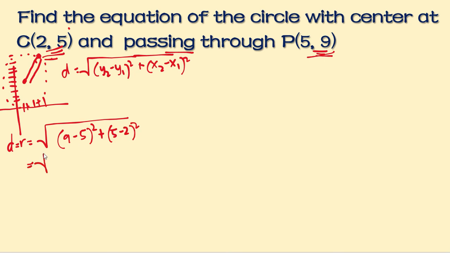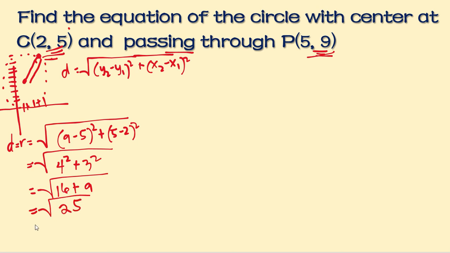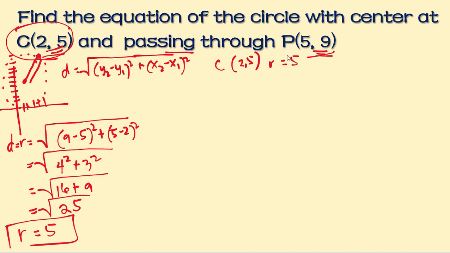So this will be square root of 4 squared plus 3 squared, and it will become square root of 16 plus 9, and square root of 25, and our radius is the square root of 25, which is 5. So, meron na tayong radius, and meron din naman na tayong center. So, kung susulat natin, center at 2, 5, and then radius of 5.